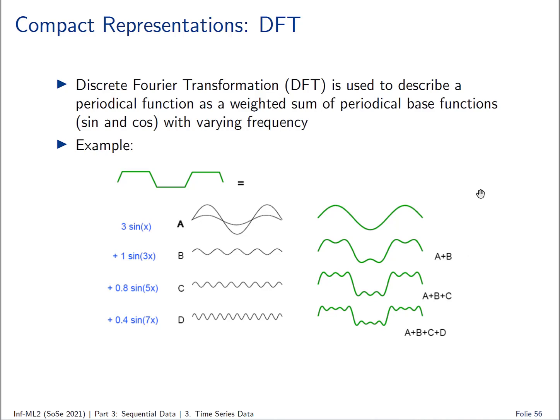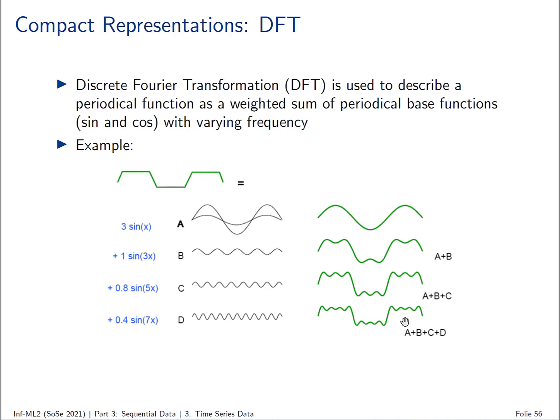And the key idea here now is, first of all, to represent a given time series by a number of proper base functions, so that this representation that we get through the base functions is more or less the same as the original time series, which is this one here.